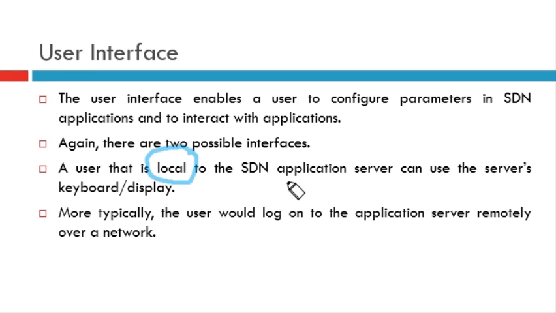It can interact with the application plane on the same server using the keyboard and display. But when the user and the application plane server are far away from each other, then the user has to log on remotely to access the application server. So these are the two things. After that, we will discuss the next thing.